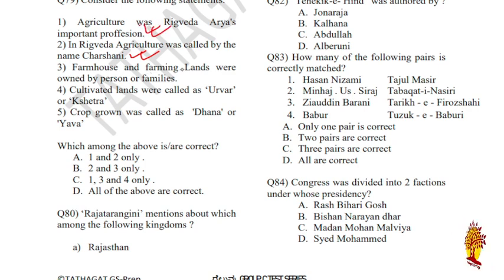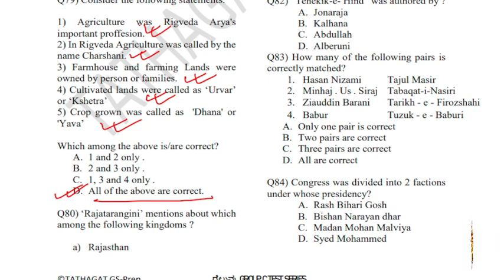Correct statement. Farmhouse and the farming lands were owned by persons of families, and the cultivated land were known as Urvara or Kshetras. Crop grown called as Dhana or Yava. All the above statements are correct here.